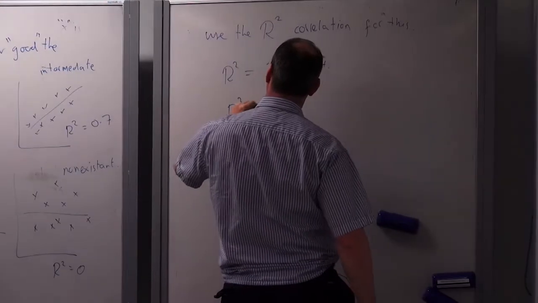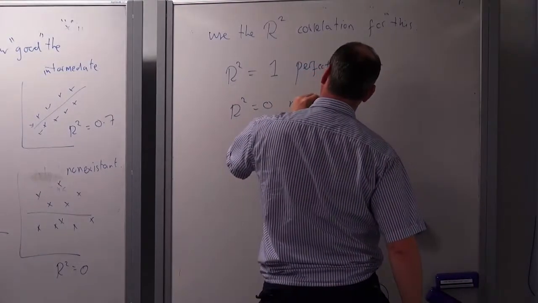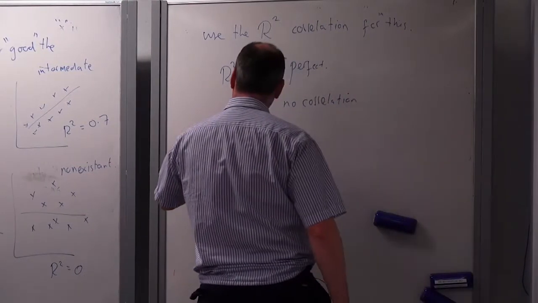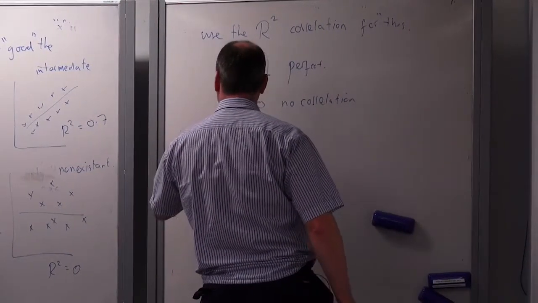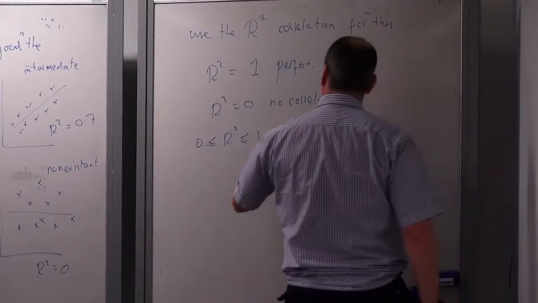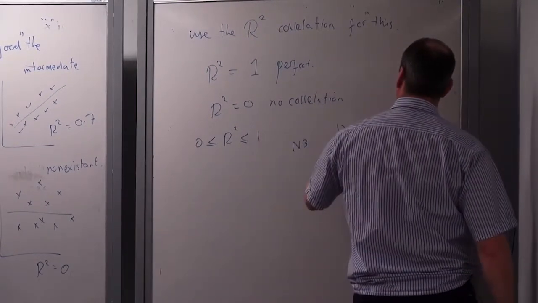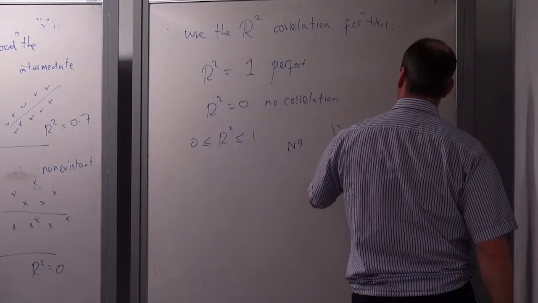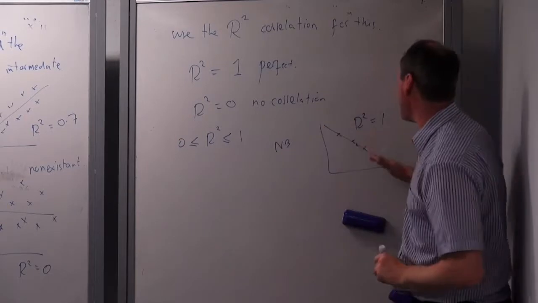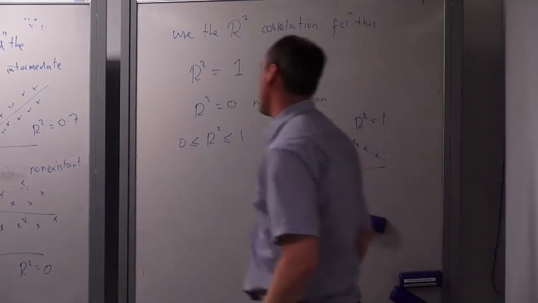R squared equals 0 for no correlation. And R squared is between 1 and 0. NB, this graph here also has R squared equals 1, because the actual correlation is negative, so when you square it, it gets back to positive as well.